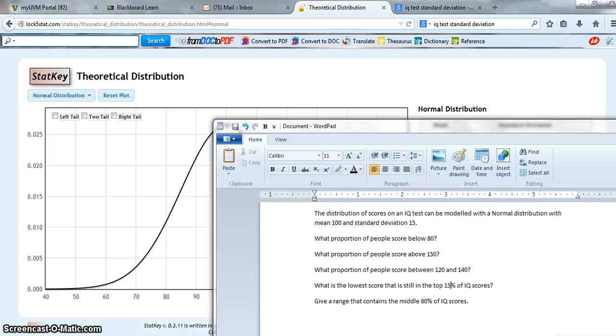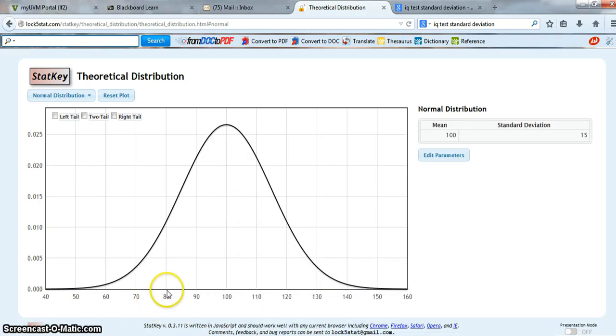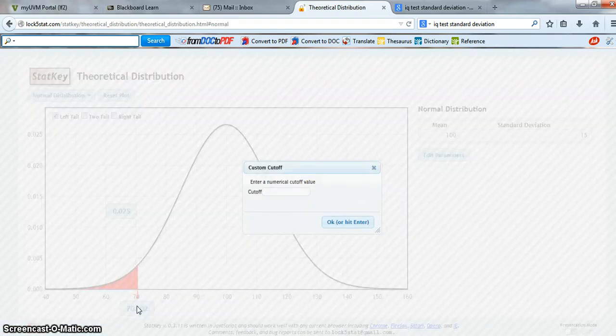Okay, so let's get started with the questions. What proportion of people score below 80? Well, to find out, we're going to say, what is the area under this curve down here to the left of 80? Because these are the lower scores. So since I'm looking to the left, I'm going to use a left tail. I'm looking to the left of 80, so I need to set my cutoff value here at 80.